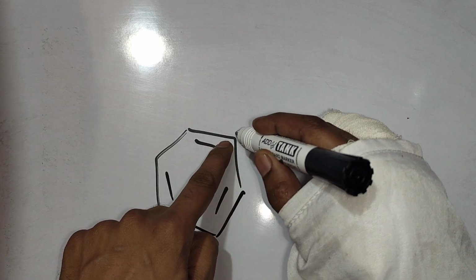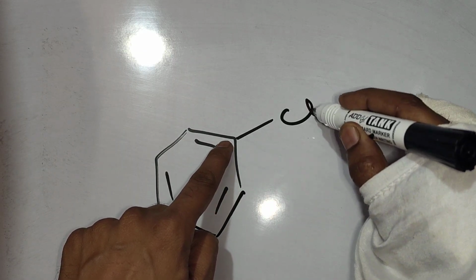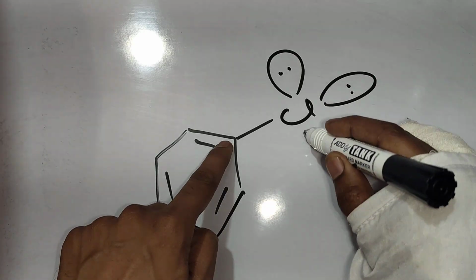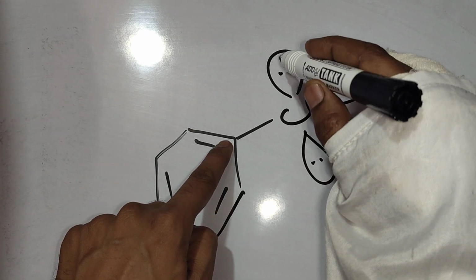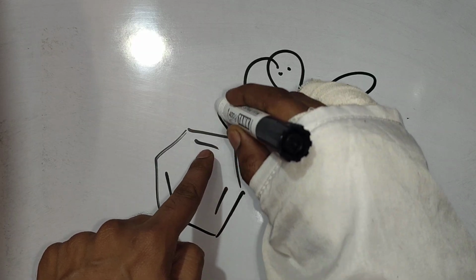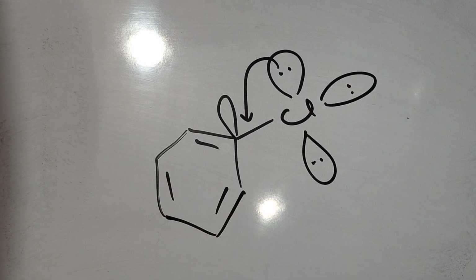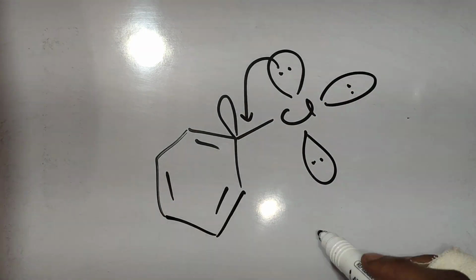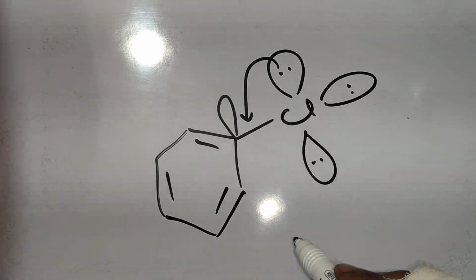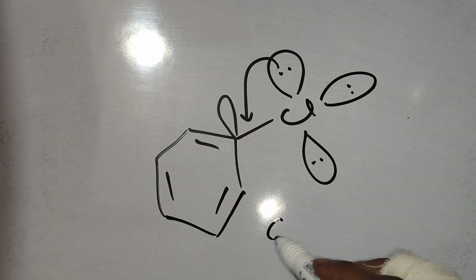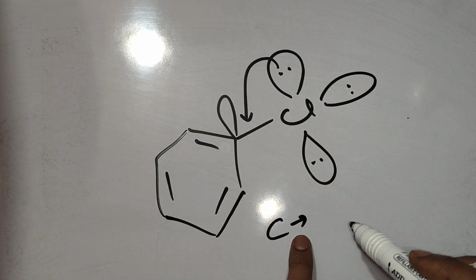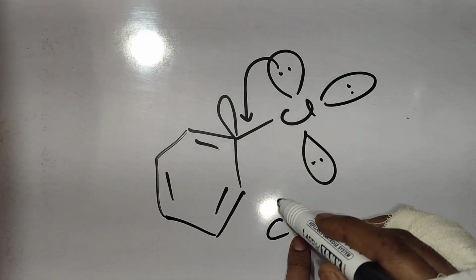Check. This is which atom? Carbon. And this is which atom? Chlorine. Now chlorine wants to overlap its orbital with the orbital of carbon. But the problem is, in 11th class we have done atomic sizes. Carbon's outermost energy level is second. Carbon atomic number is 6.